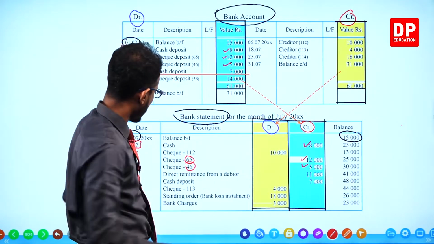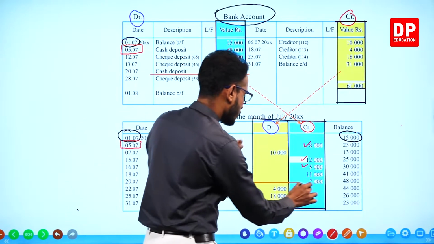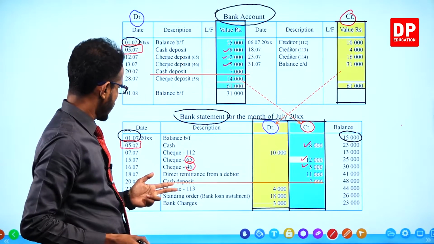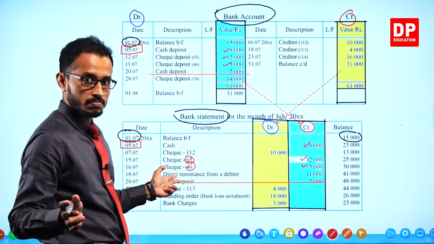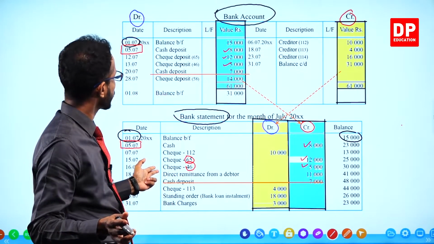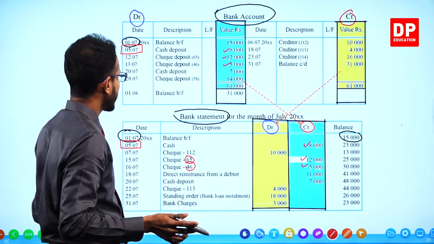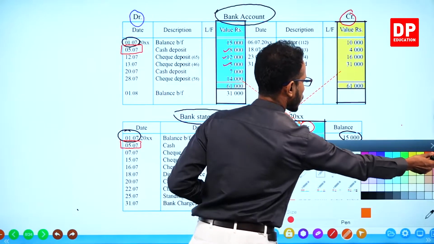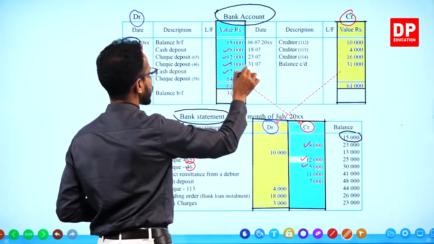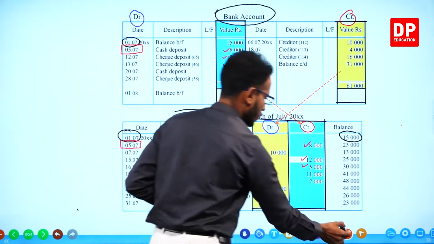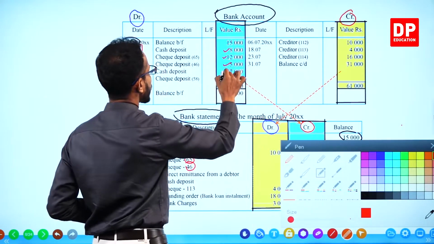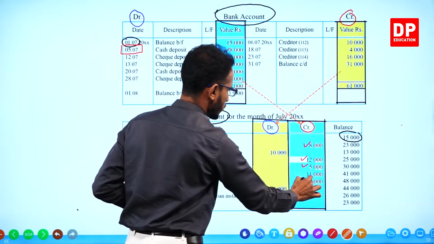Oh, it's there. No problem. We will tick it with red color. 7,000 is there.